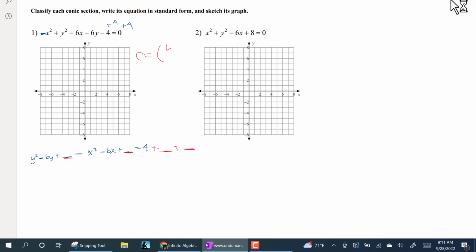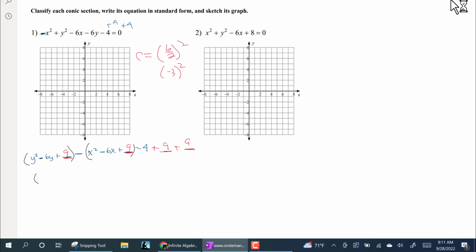C is half of B squared. So half of negative 6 is negative 3. Squared, you get 9. So we're going to add 9. Oh, that's another negative 6. So add 9, add 9. All right. And now this whole thing and this whole thing is a perfect square.